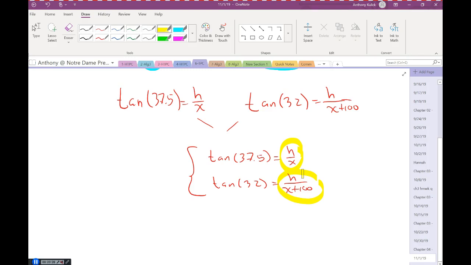Okay with that idea? So my first step is going to be rewriting these equations so that they're not fractional anymore.